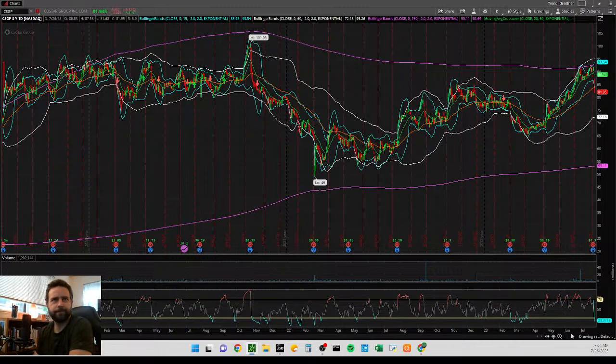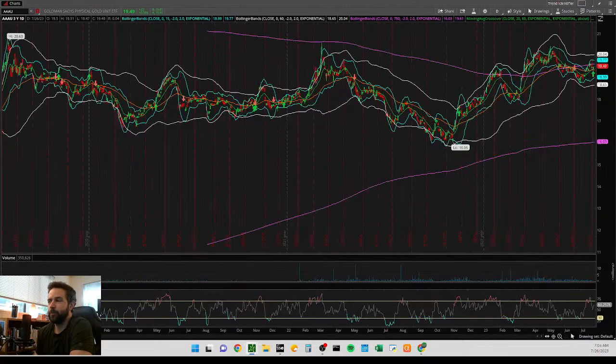CoStar Group, down 10%, real estate. I work in a real estate tangential industry, and we just had to lay off 2 people. And we're not a big company, so that's kind of nuts.